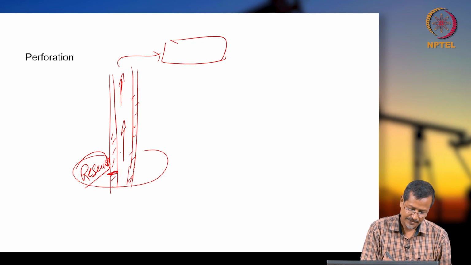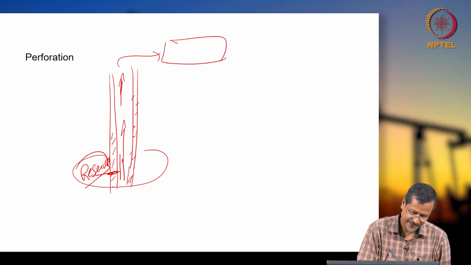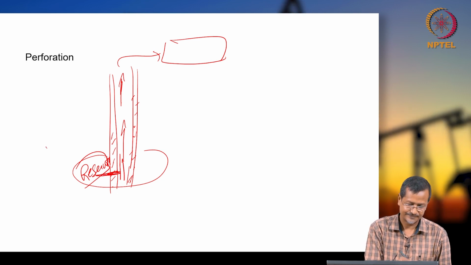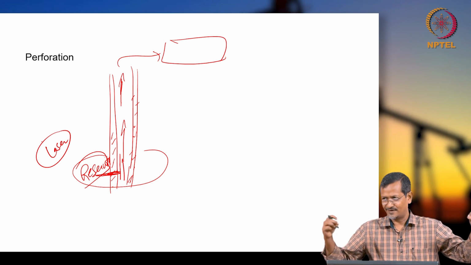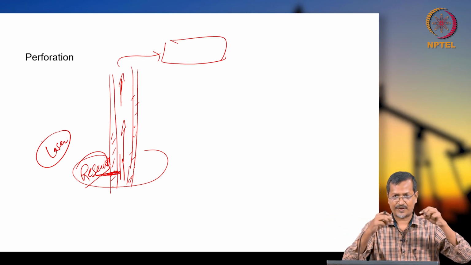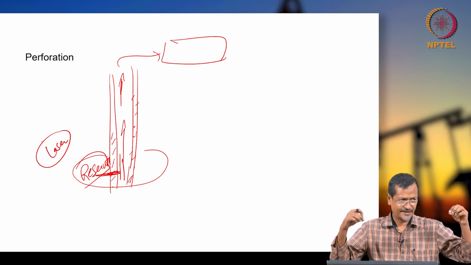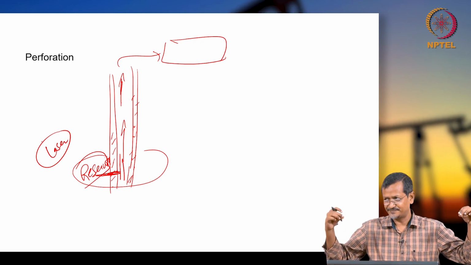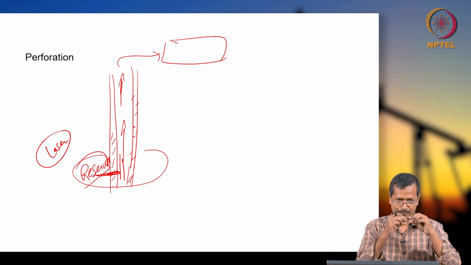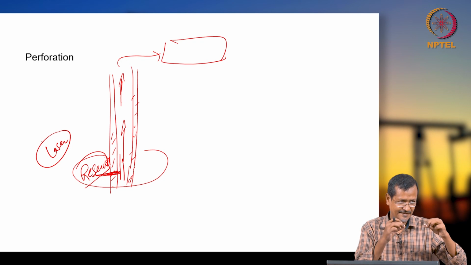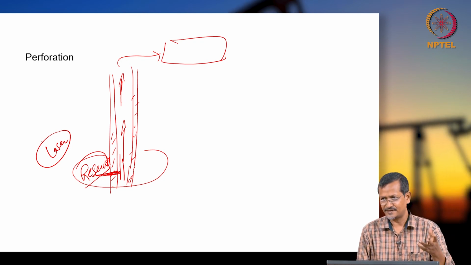So many times you put one laser gun, and using the laser you burn this area and create a hole. That is called perforation. You are not breaking the rock, you are only perforating. Previously you broke the rock, but here you are perforating only, with a laser or sometimes a sand jet or water jet. So many techniques are there.